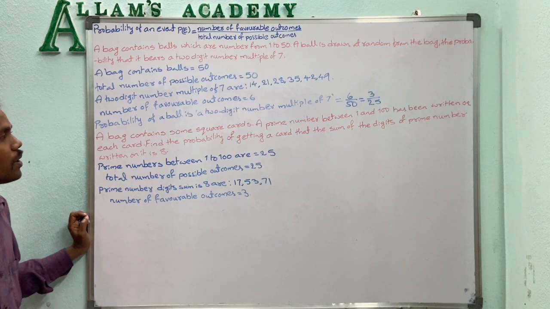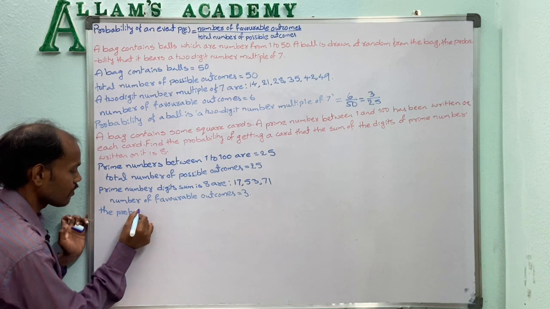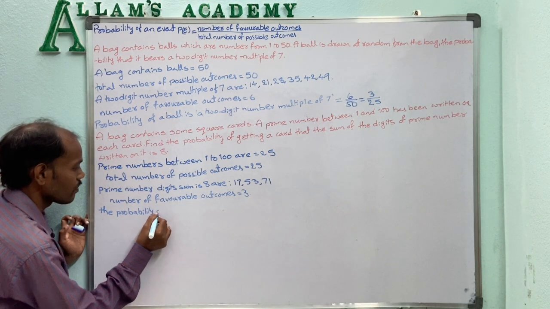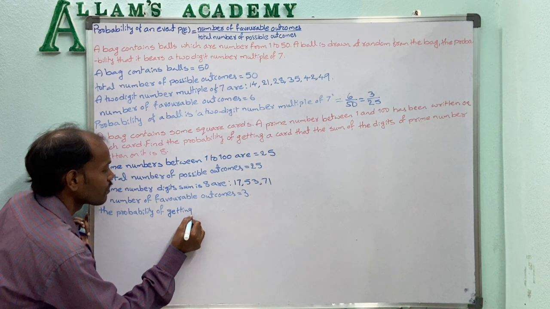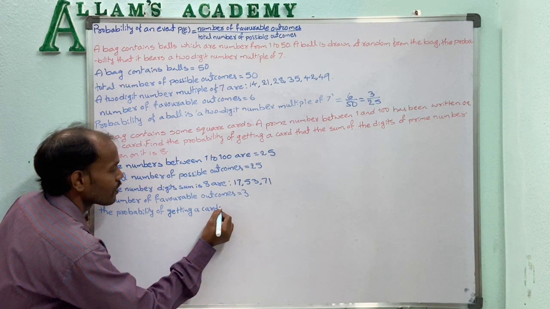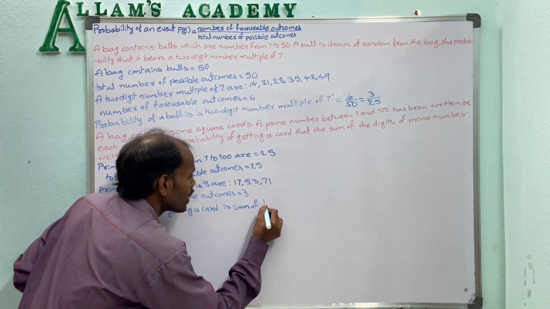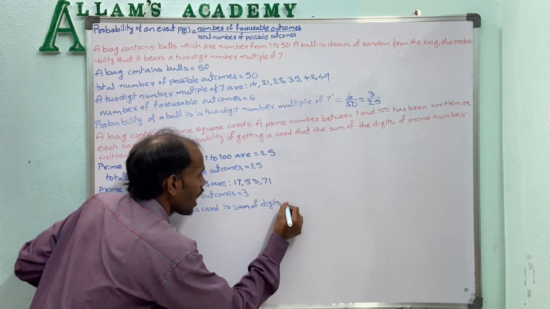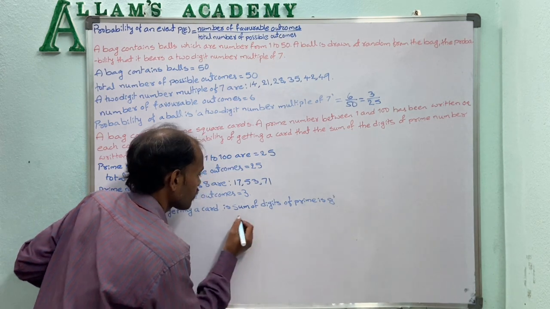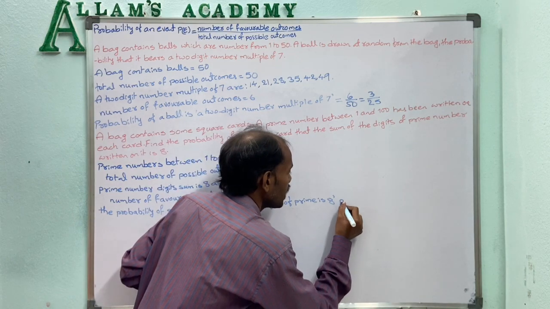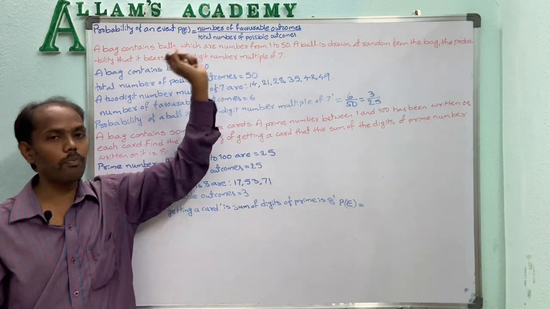So now the probability of getting a card where the sum of digits of the prime number is 8, P of E, is equal to number of favorable outcomes by total number of possible outcomes.